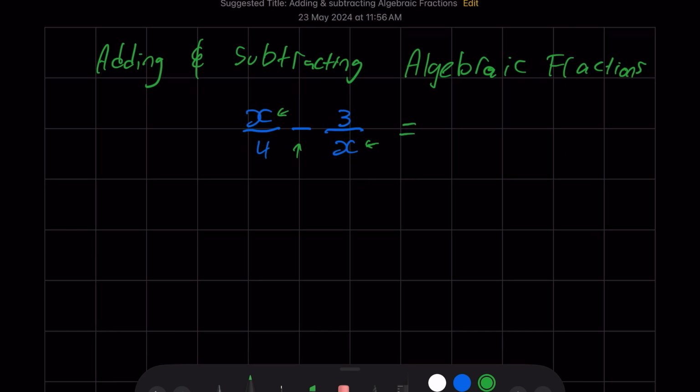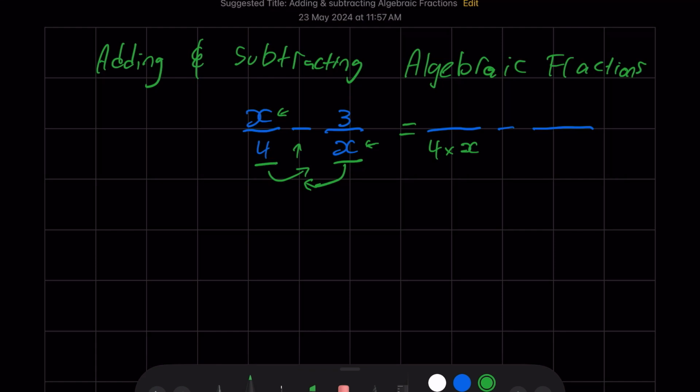So I'll write equals, and I will rearrange this, again, moving my 4 over to that side to multiply, and my x over to this side also to multiply. So I will have a bracket, a fraction minus another fraction. On the bottom of my first fraction, I will have 4 times x, because I've moved my x over.